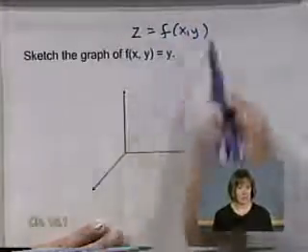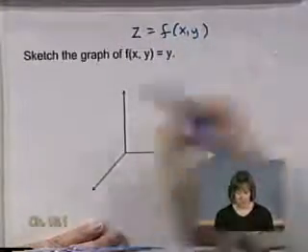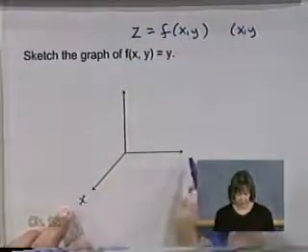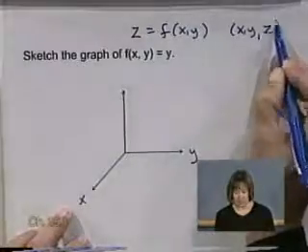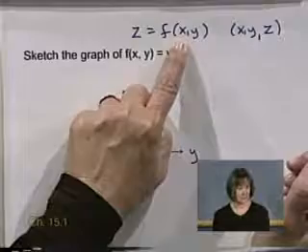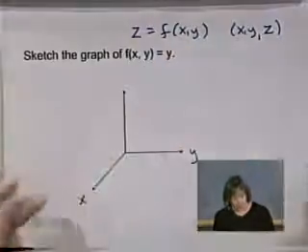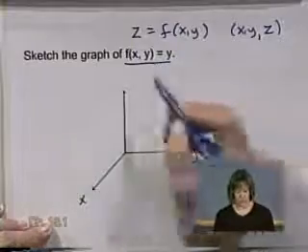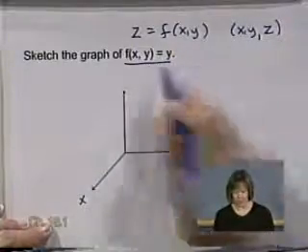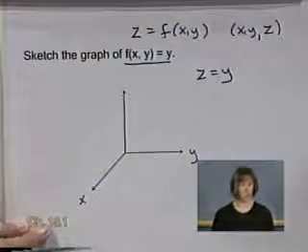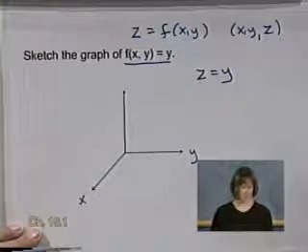So when you make a graph of this function, you're going to graph the points whose coordinates are xy in your xy plane. And then the height that you go up, z, will be your f of xy. Okay, you with me? So for some of us, it probably would be helpful if I wanted to graph f of xy equal to y, I just say, okay, since f of xy is my z, I want to graph z equals y. What's that going to be a graph of?